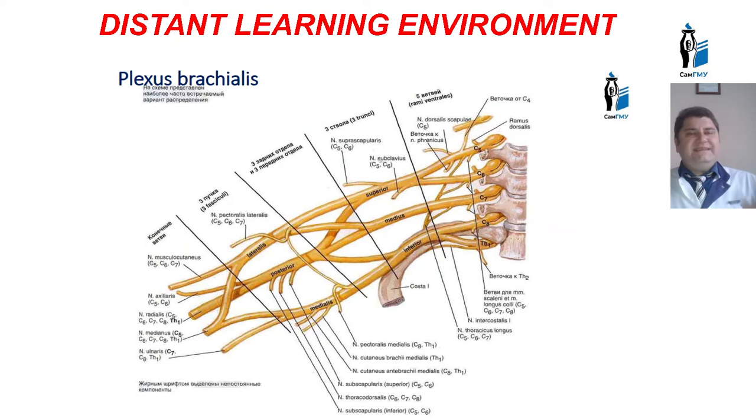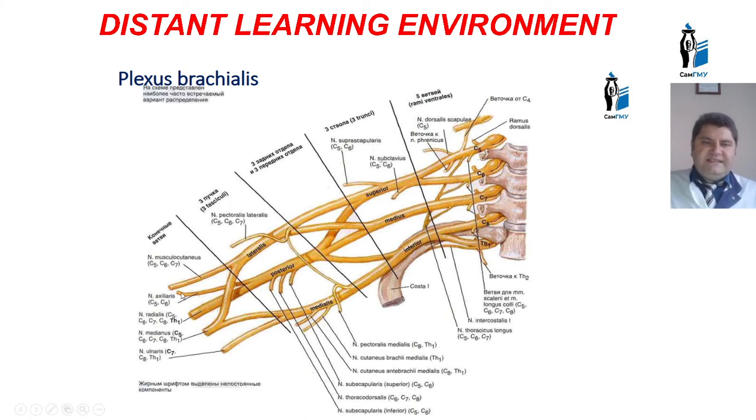It innervates the deltoid muscle, and it also gives a branch for the capsule of the shoulder joint, and also for the skin over the deltoid muscle. This nerve is called the superior lateral cutaneous nerve, and it innervates the skin over the deltoid region and the superior part of the arm.